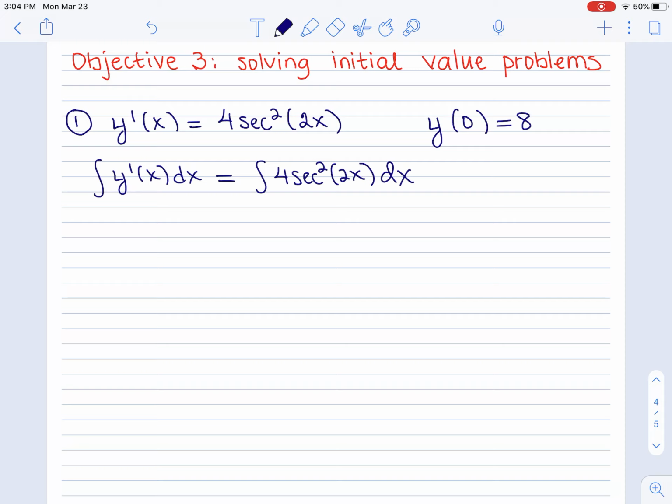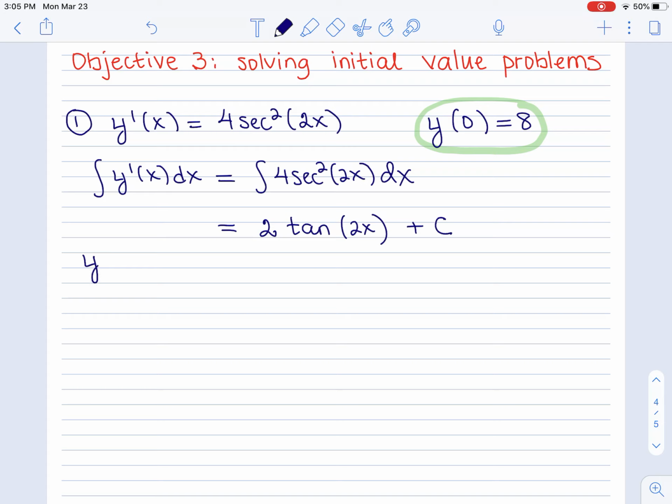The antiderivative here would be 2 tangent of 2x, and by the chain rule, the constant would be 2, plus some constant c. So this would be the general solution to this differential equation, but because we have an initial condition, we can find a particular solution.